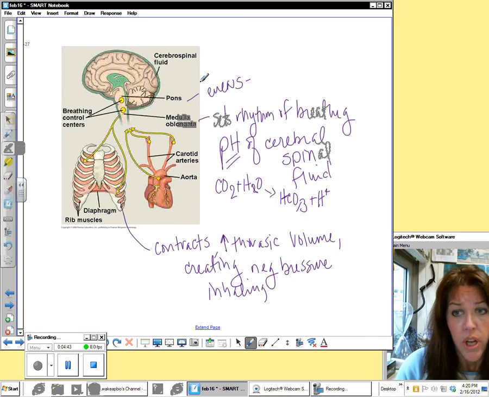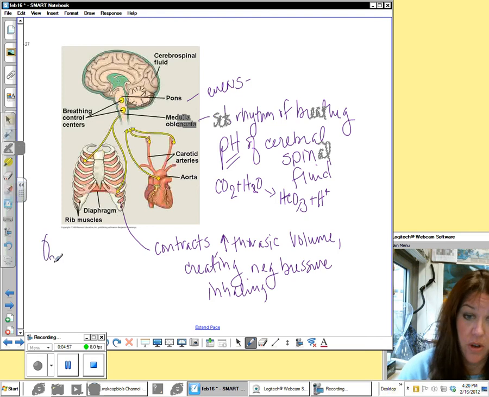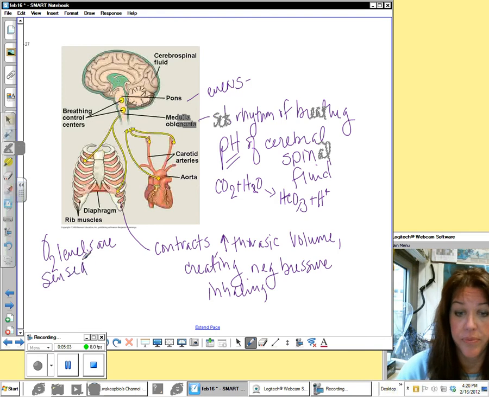Now, most breathing is not determined by oxygen, it's determined by CO2, but if for some reason oxygen levels get really low, and they have to be really low, the set point is fairly low, O2 levels are sensed in the aorta and carotid arteries.